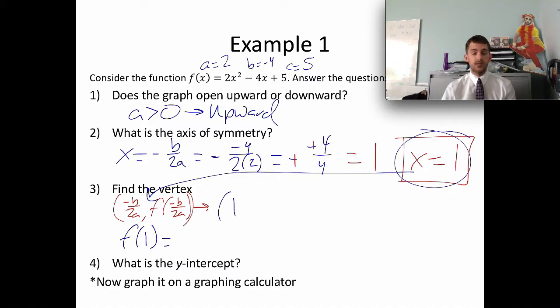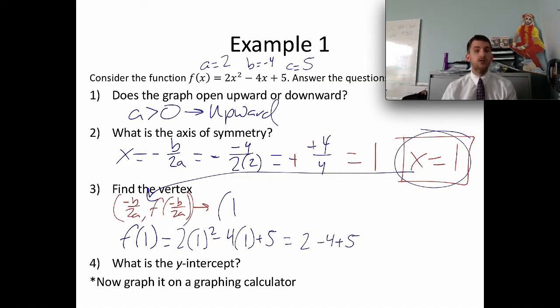Plugging that back into the original function, we have 2 times 1 squared minus 4 times 1 plus 5. Cleaning this up a little bit, 2 times 1 squared is 2. 4 times 1 is 4 plus 5. So 2 minus 4 is negative 2 plus 5 gives us positive 3. So our vertex is at the coordinates 1, 3.